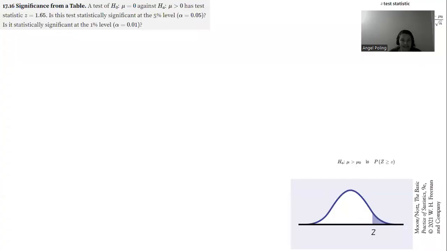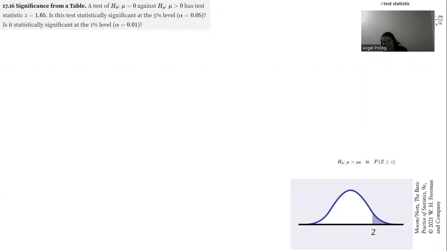Okay, number 16, we're going to use the table and look at significance. So significance from a table. A test of the null hypothesis as mu equals 0 against the alternative hypothesis as mu greater than 0 has a test statistic z equal to 1.65.